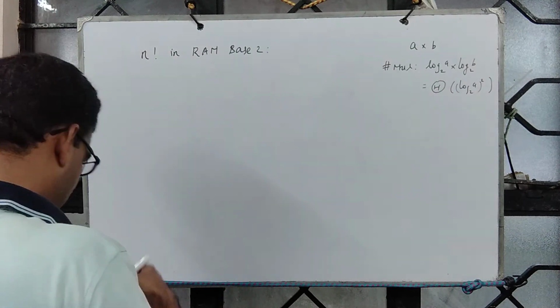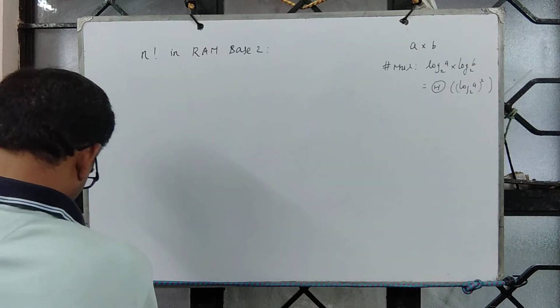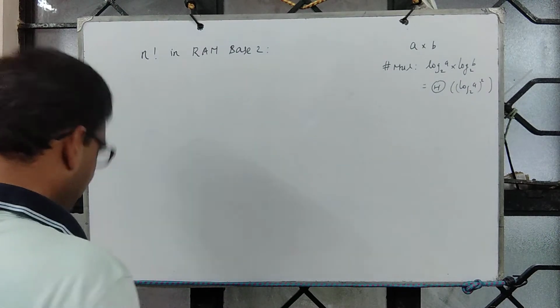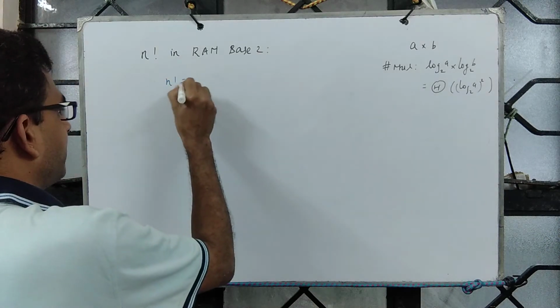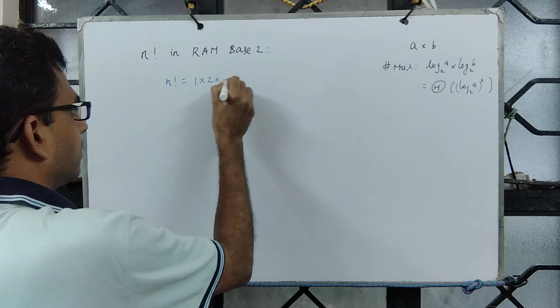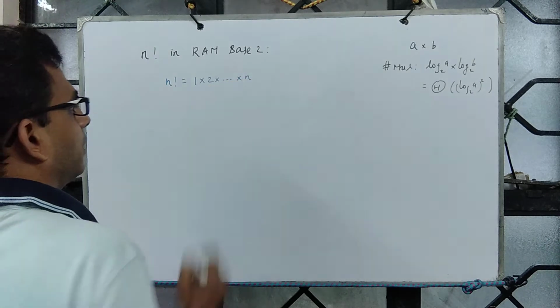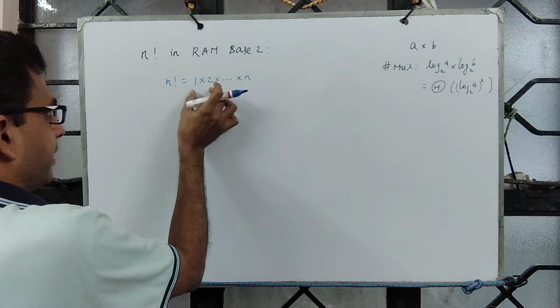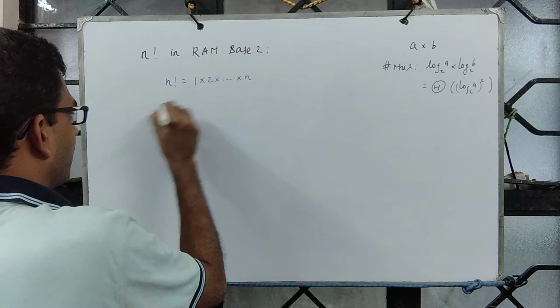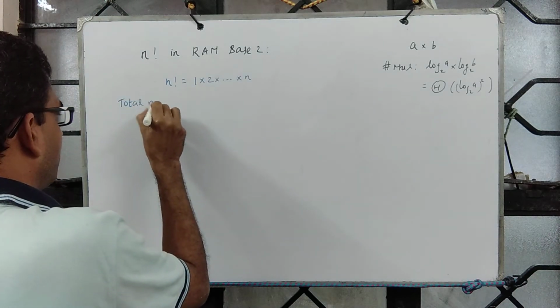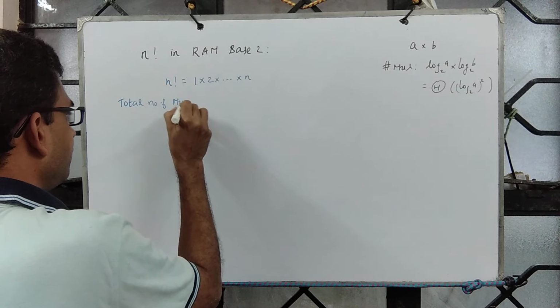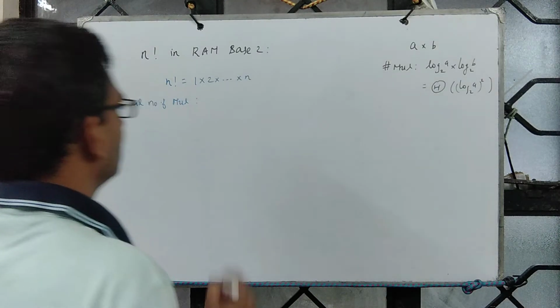So as always, what we are doing over here is a sequence of multiplications. To multiply these, let's look at the total number of multiplications in this system.